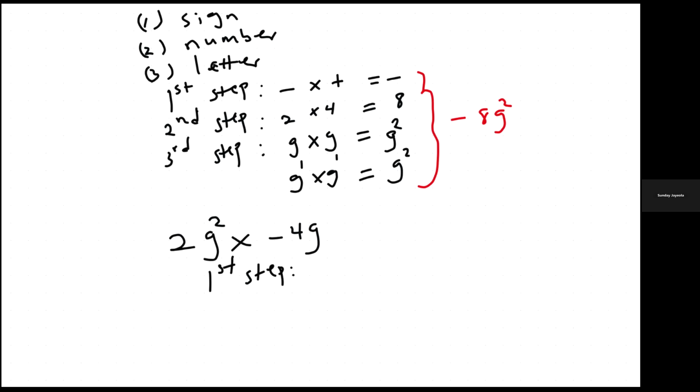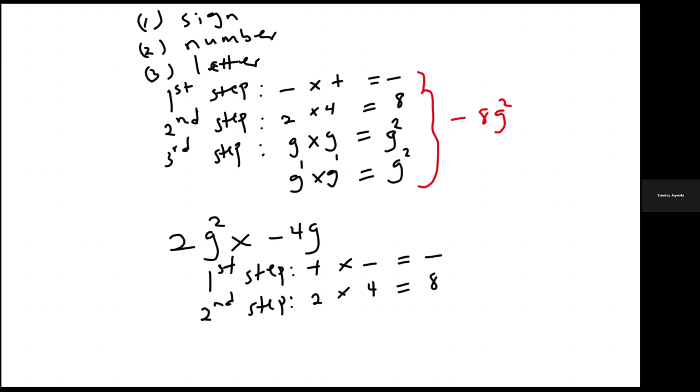Based on our previous teaching, positive multiplied by negative becomes a negative sign. And the second step is to multiply the numbers. The number here is 2 multiplied by 4, which is equal to 8.